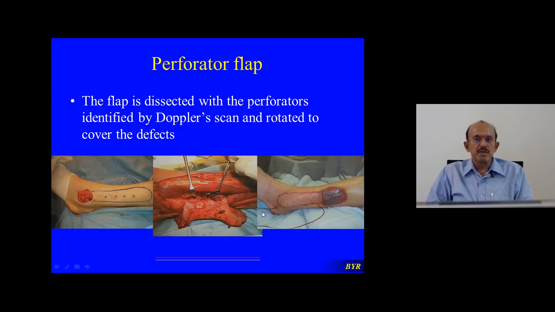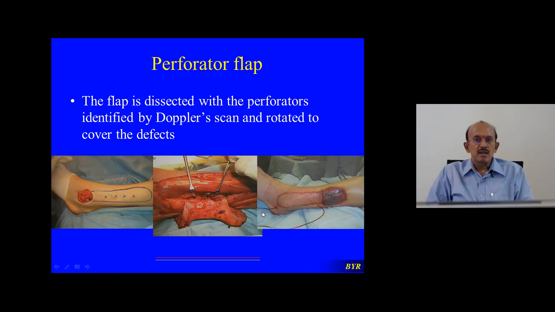The graft may not take up. So if you want to cover a recipient area which has bare bone, bare muscle, bare tendon, bare cartilage, or cavities, or an infected area, or irradiated area, you have to go for flaps.